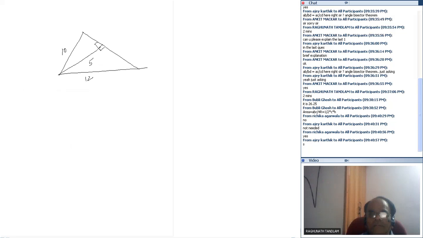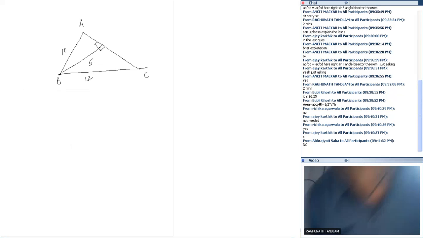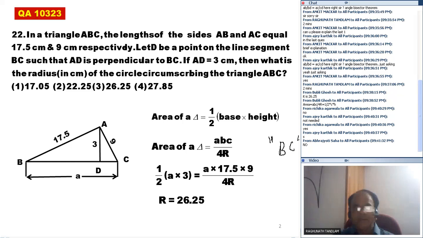For this, do I need to know AC? No. There is no need to note down AC. That is critical when you do the question. The idea of learning that question is this. That's the reason why I wanted to note down what is important. Right, next one.